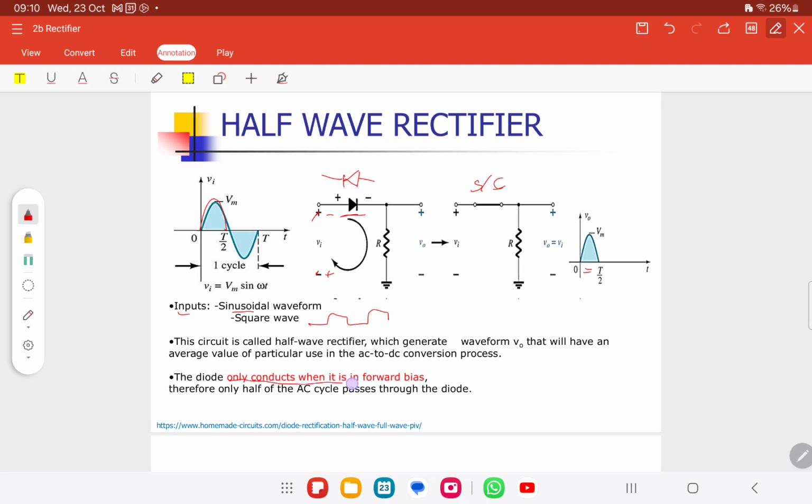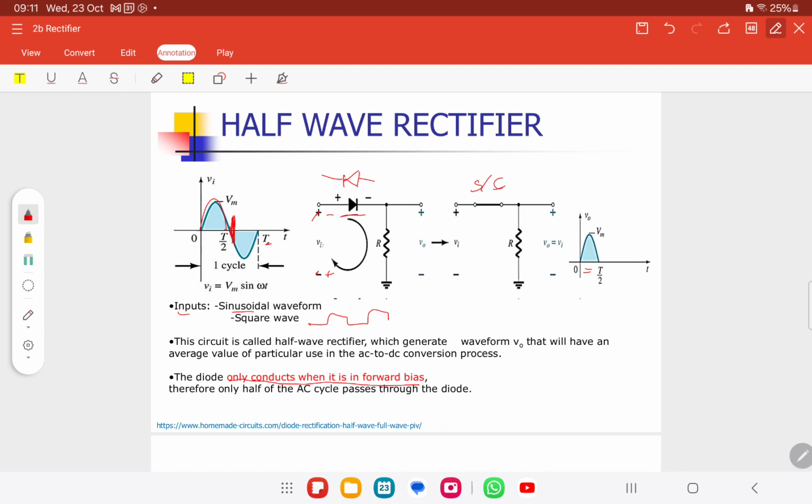This diode only conducts when it is in forward bias. The diode turns on and conducts for the positive signal cycle for a period of half of the cycle. So if this one is 360 degrees or T, this half is 180 degrees for one cycle, or T equals T over 2. Okay, from period 0 to T over 2 for the positive cycle.